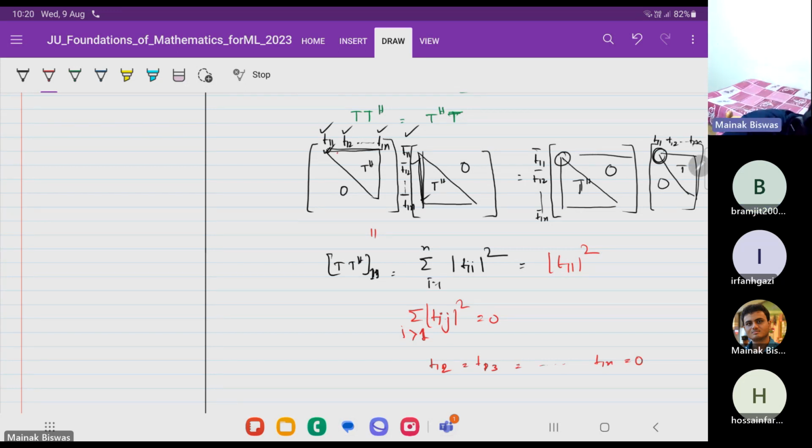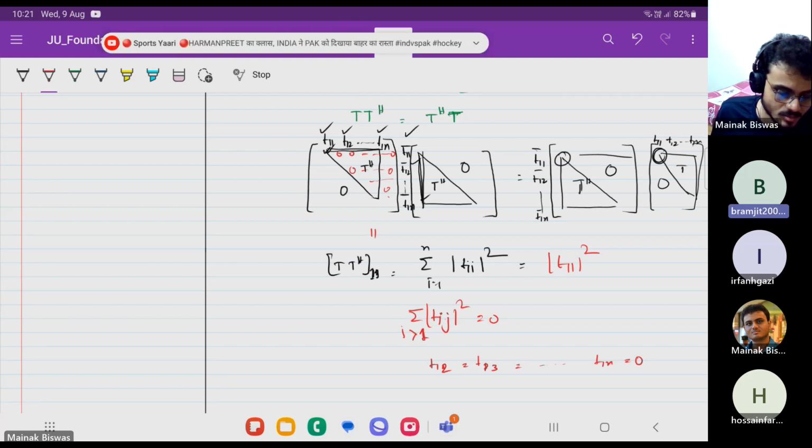So all these elements in the first row will be 0, except the first component, which is T11, right? Similarly, you will have all the others also be 0 except the diagonal. You can check this, right? T22 also you can check. Is it clear? So it becomes a diagonal matrix.